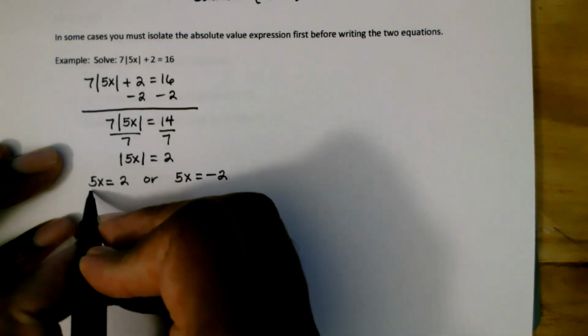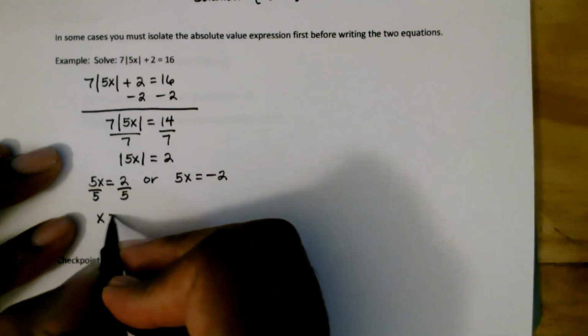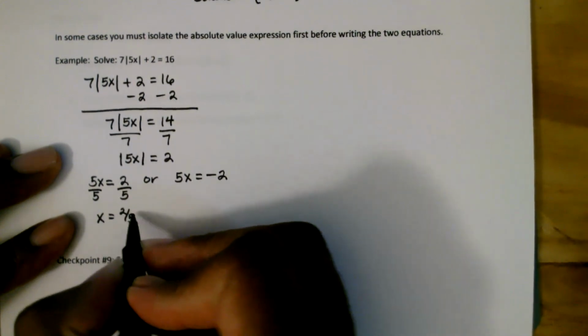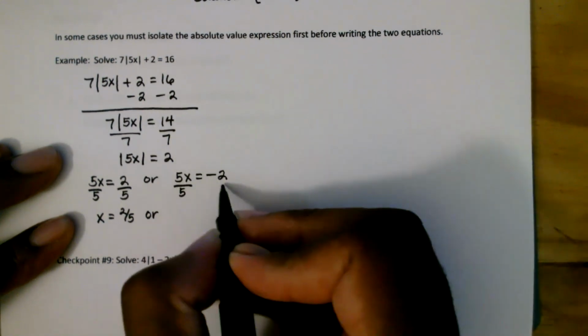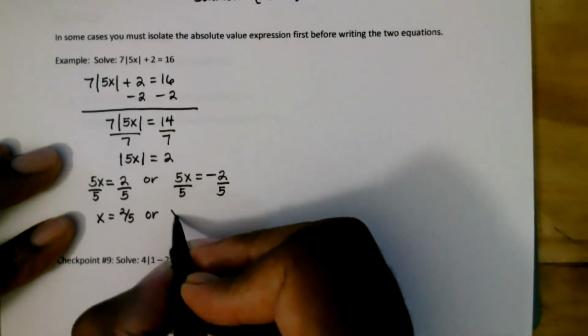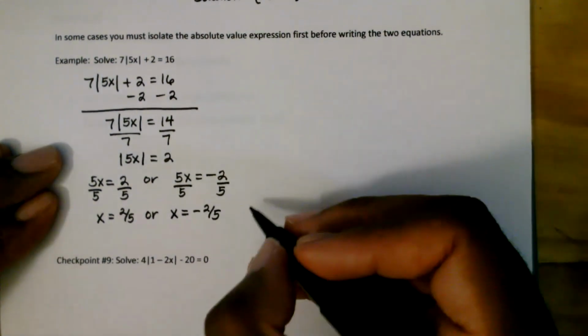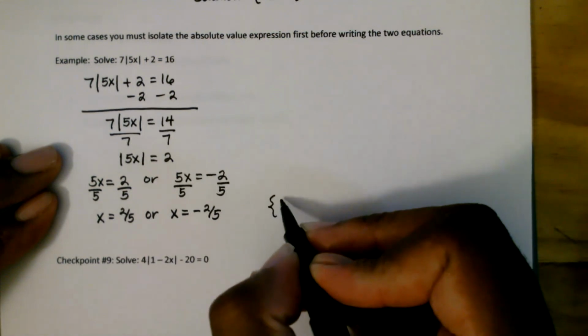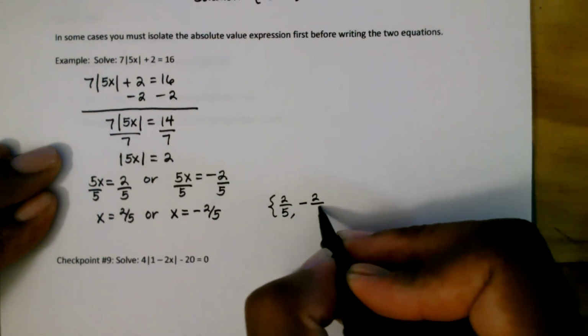For 5x equals 2, if I divide both sides by 5, you get x is equal to 2/5. Or for 5x equals negative 2, divide by 5. This time you get x is equal to negative 2/5. So in this case, your two solutions are 2/5 and negative 2/5.